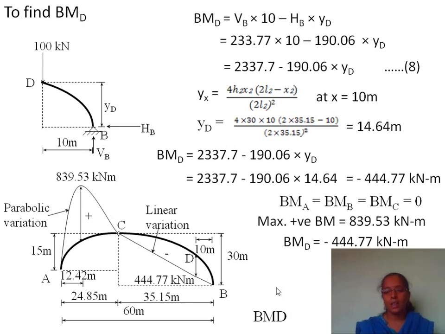In this session we have discussed the calculation of normal thrust, radial shear, and how to draw the bending moment diagram for supports at different levels. One thing to keep in mind is that to find the lengths L1 and L2, L1 by root H1 is equal to L2 by root H2, which is equal to L1 plus L2 divided by root of H1 plus root of H2.